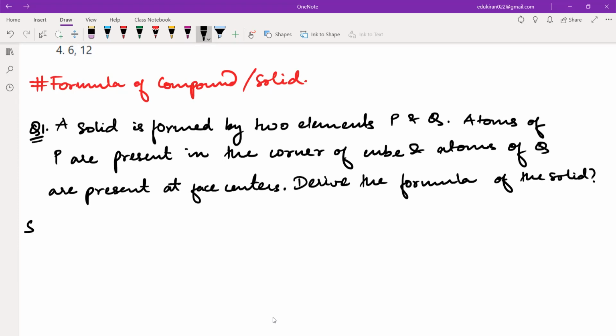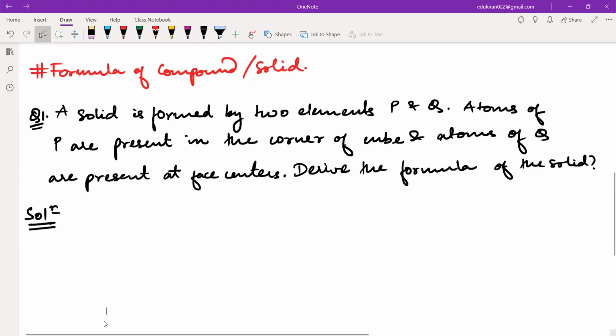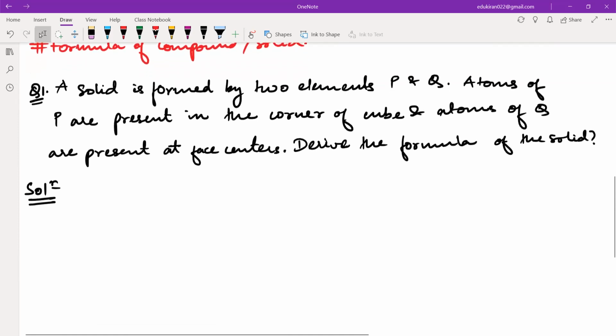Now please look at this question and just see how I am doing this. It is going to be very easy. I'm just giving you the procedure and whatever insight is there. So I'm giving you the recipe. The ingredients are with you, but I am giving you the recipe. See, the solid is formed by two elements, P and Q. Atoms of P are present in the corner.